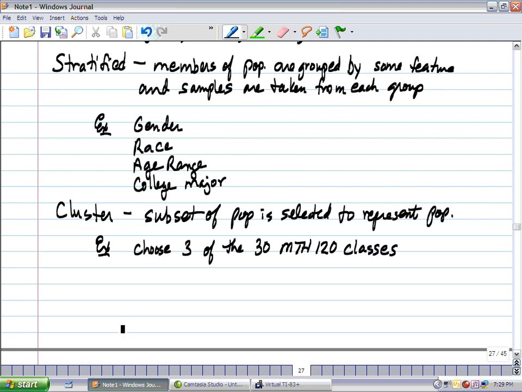You can see problems with all of these where there might be what we call bias. Bias is when we're not random, when there is a tendency for there to be a slant in one direction or another. So, for example, if I picked your class, there is only 1 or 2 distance ed classes out of this 30.